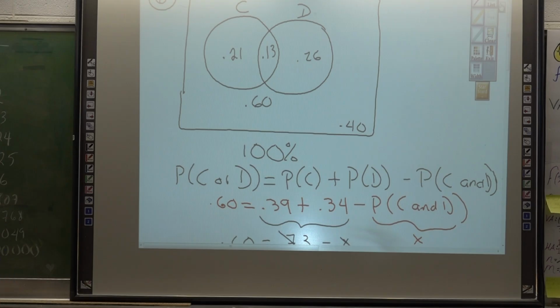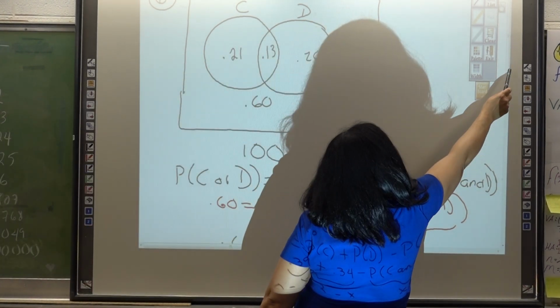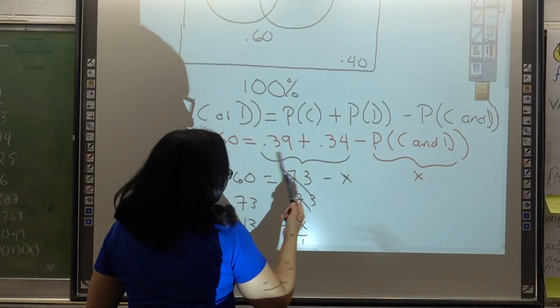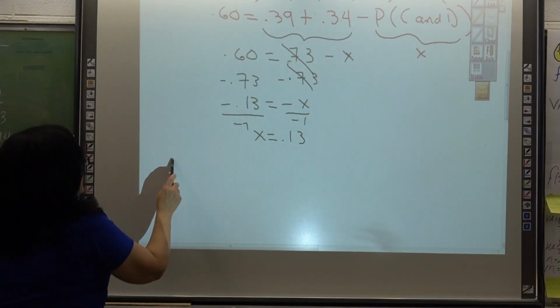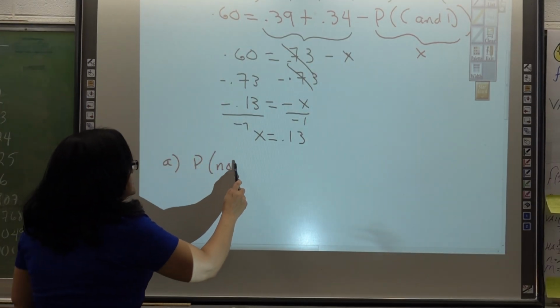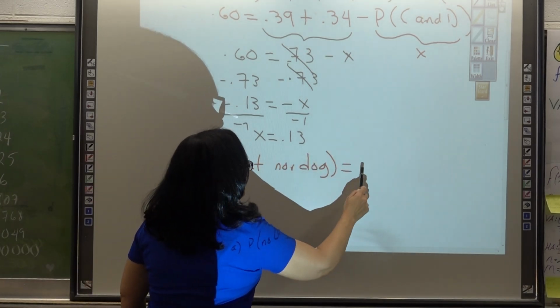The first question was, what is the probability that a randomly selected U.S. household owns neither a cat nor a dog? 40%, which is 0.4, right? This one here. So part A, probability of no cat, no dog is 0.40.